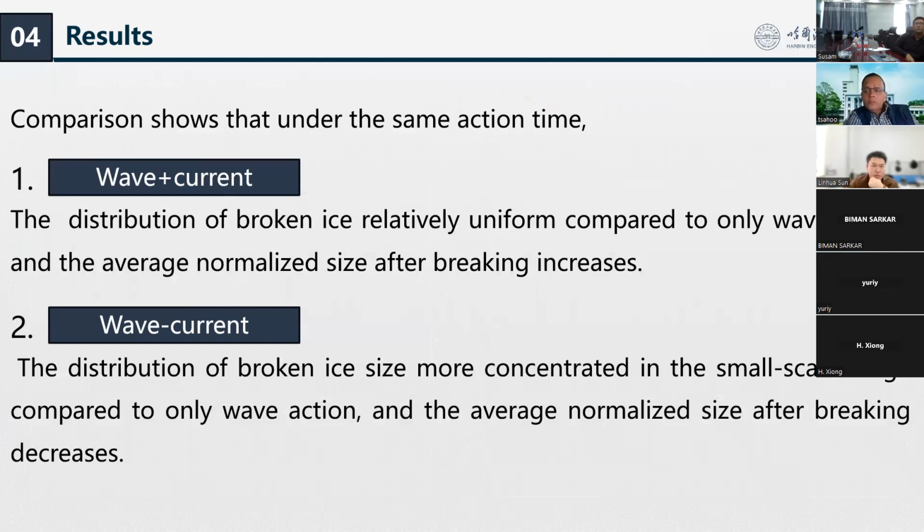With wave and following current, the distribution of broken ice is relatively uniform compared to only wave action, and the average normalized size after breaking increases. When the wave has an opposing current, the distribution of broken ice size is more concentrated in the small scale range compared to only wave action, and the average normalized size after breaking decreases.